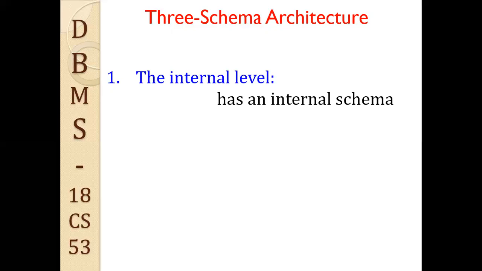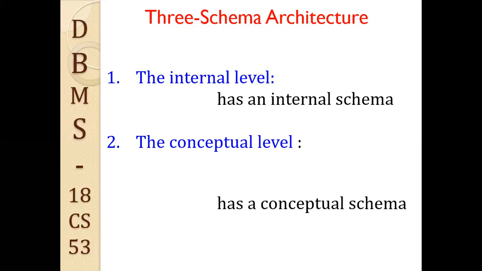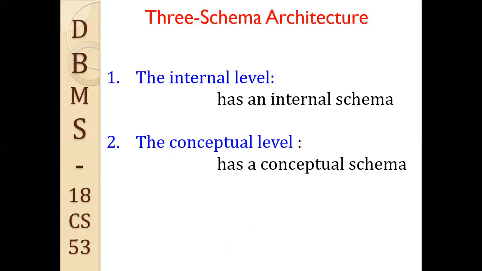Then in the second level of the three schema architecture, we specify the conceptual schema, the conceptual level. This conceptual level has a conceptual schema, which describes the structure of the whole database for the community of users.